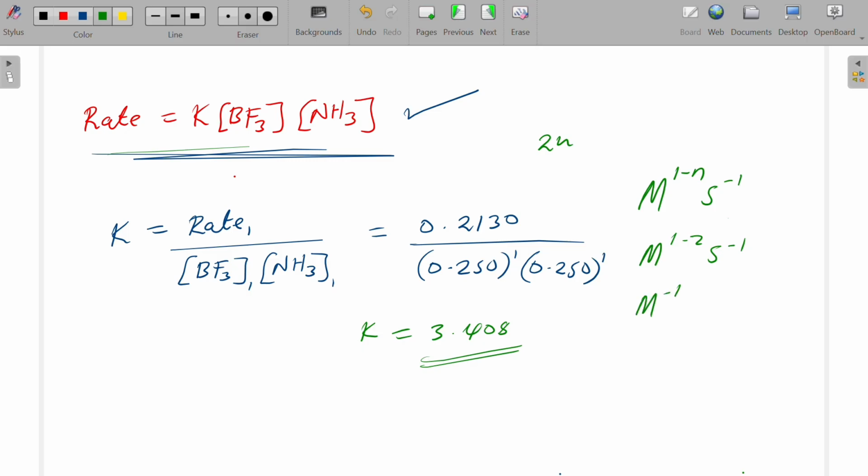So it's M to the power of 1 minus 2, then s to the power of minus 1. 1 minus 2 is minus 1, so we have M to the minus 1, then s to the minus 1. Those are the units we put here. It means we have found our final answer with proper units.